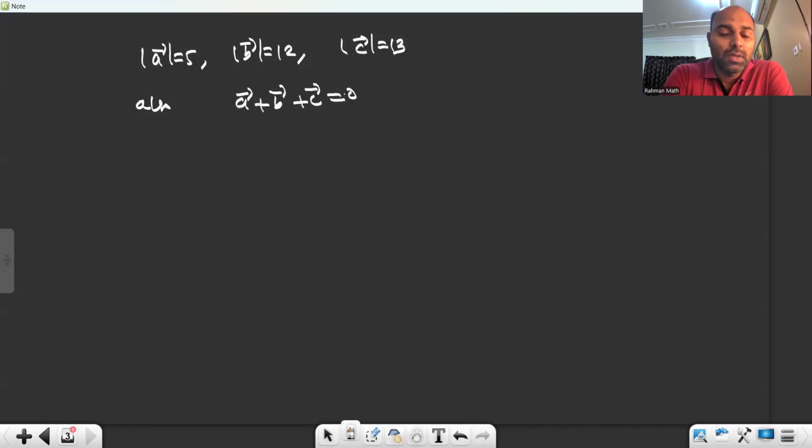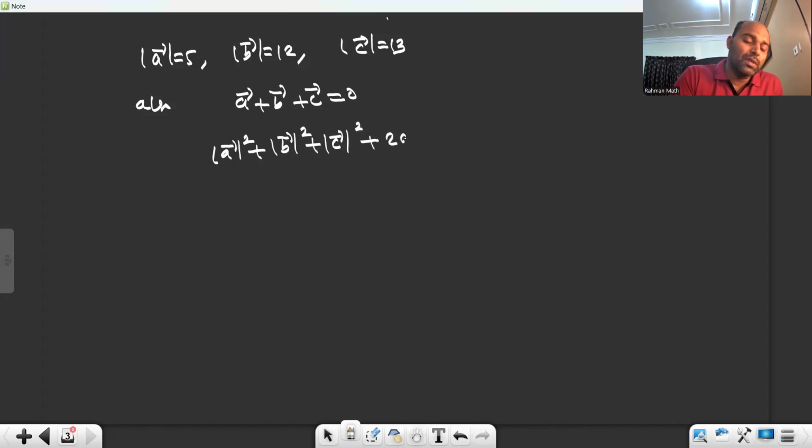When you are squaring, you know A plus B plus C whole square from 9th standard: first one square plus second one square plus third one square. A square plus B square plus C square plus 2AB plus 2BC plus 2AC. Right side is 0 only.